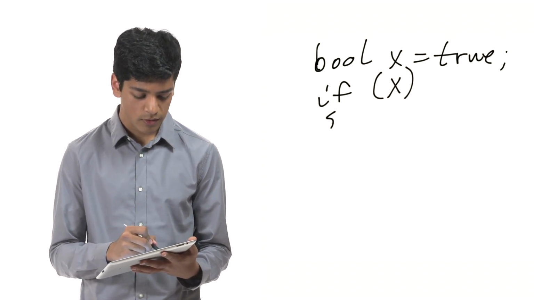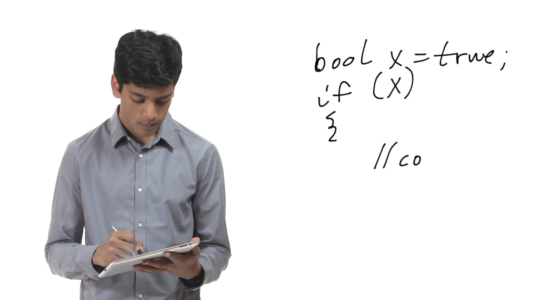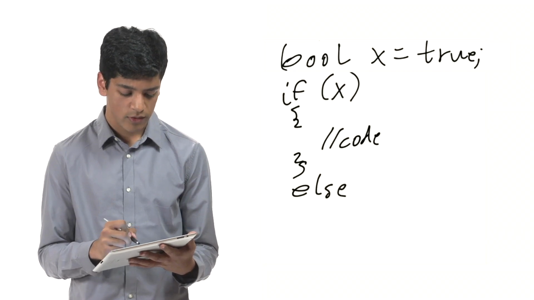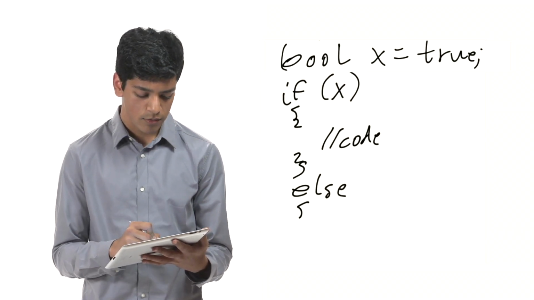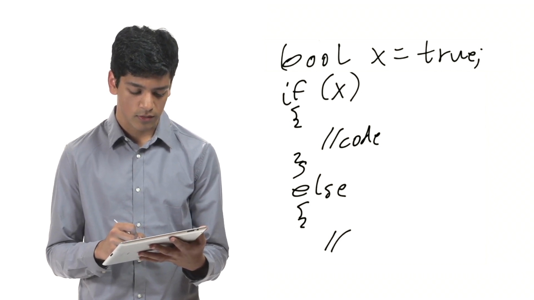After that, we wrap the code we want to execute in curly braces. What if there's some code you'd like to execute if x is not true? Simply write the word else after the if statement, wrap the other code in curly braces, and then that code will execute if x is not true.